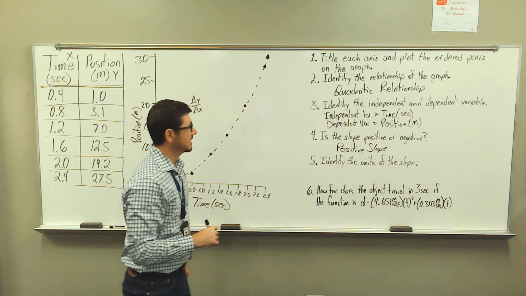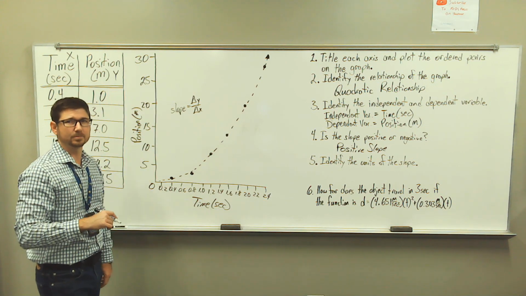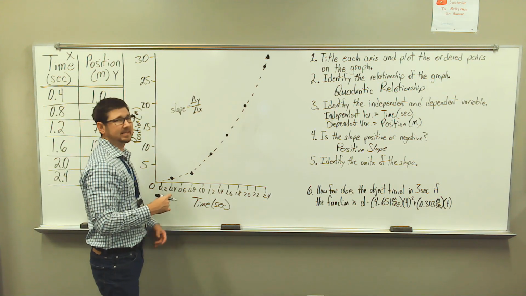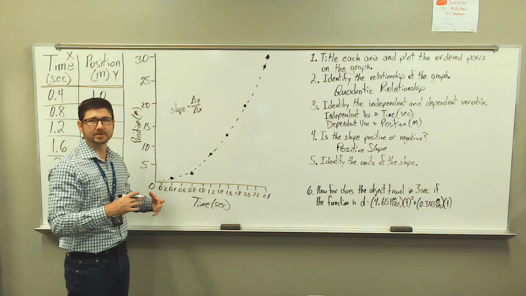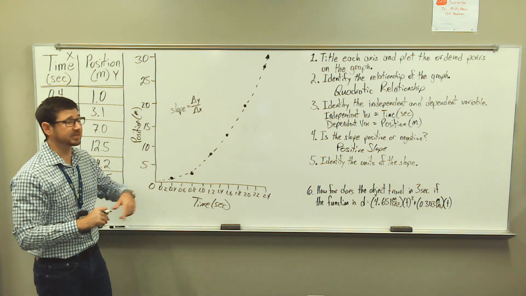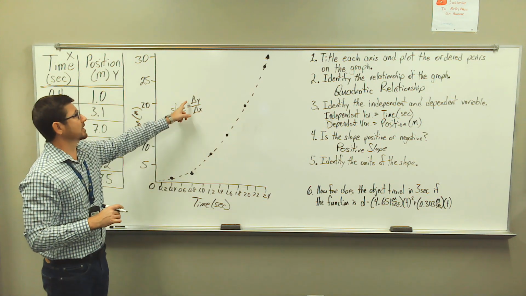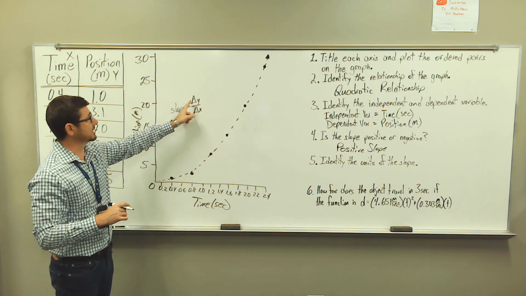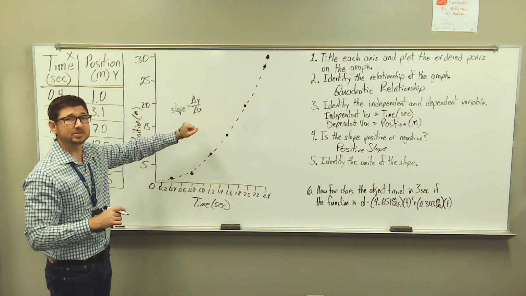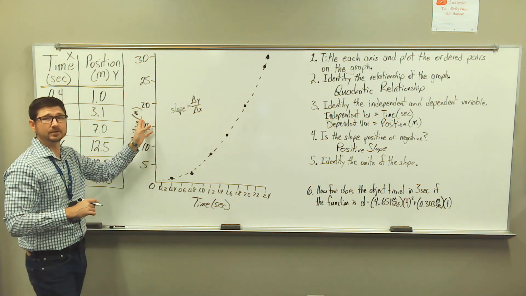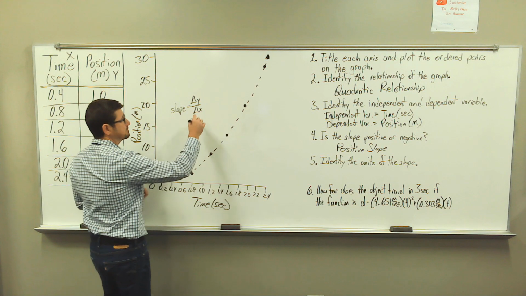Okay, number 5. Identify the units of the slope. So I mentioned earlier that we can't use y2 minus y1 divided by x2 minus x1 because we do not have a linear relationship. But we know that slope is rise over run, and rise is the change in y, so we need to take a look at the units for our change in y. That's meters.